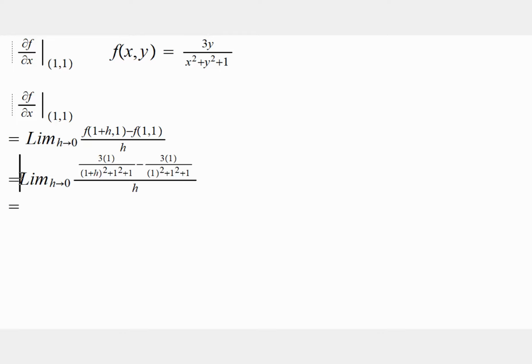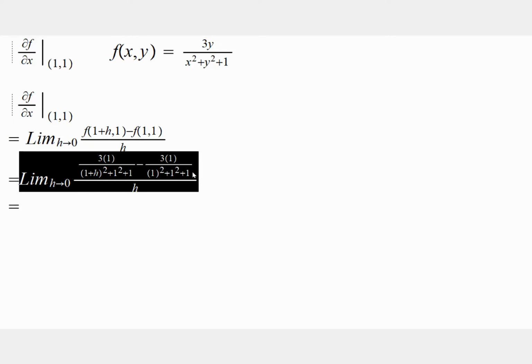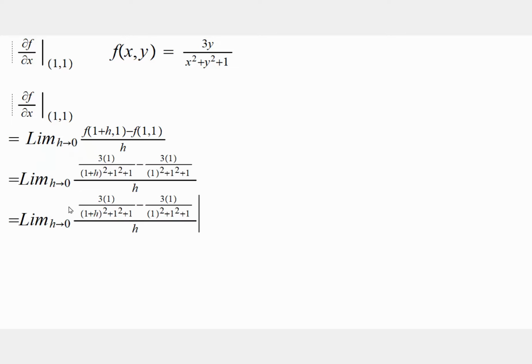So what does this equal? If you look at it, this equals, we just have a 3 here, and then we got a 3 here as well. And here what we have is 1 plus h squared, and this quantity becomes a 2.